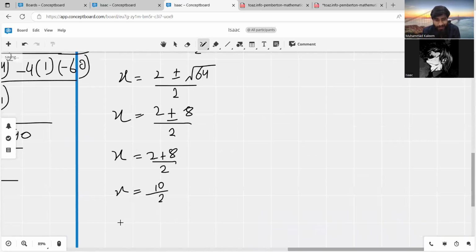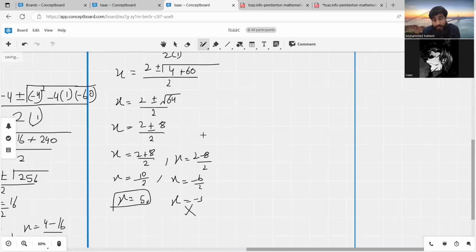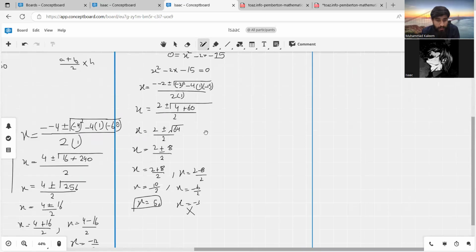Oh, that was quick. Okay, I'm also done. So this one will not be considered. This one will be our answer. What is your answer? Yeah, x is 5 and minus 2.